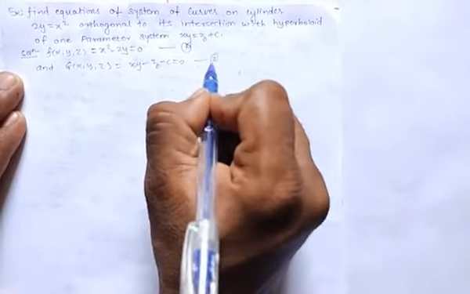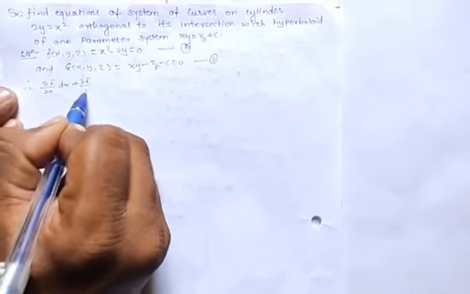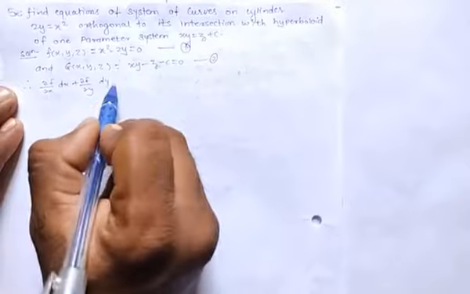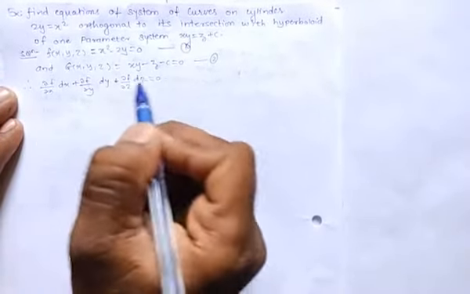Call this equation number 2. Therefore we have the equation del f by del x dx plus del f by del y dy plus del f by del z dz equal to 0.